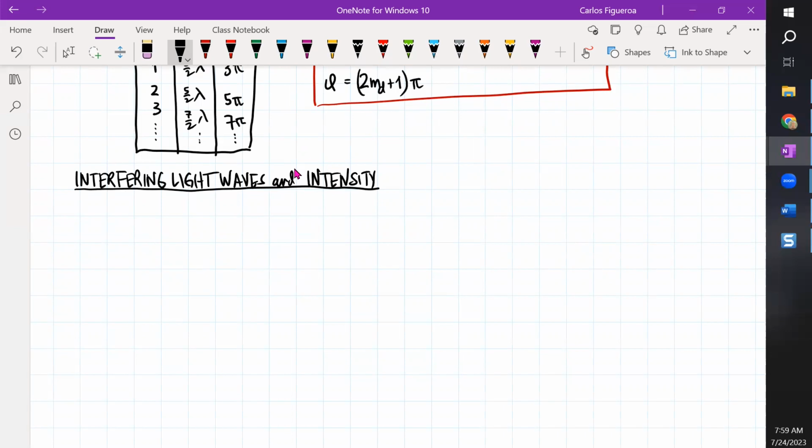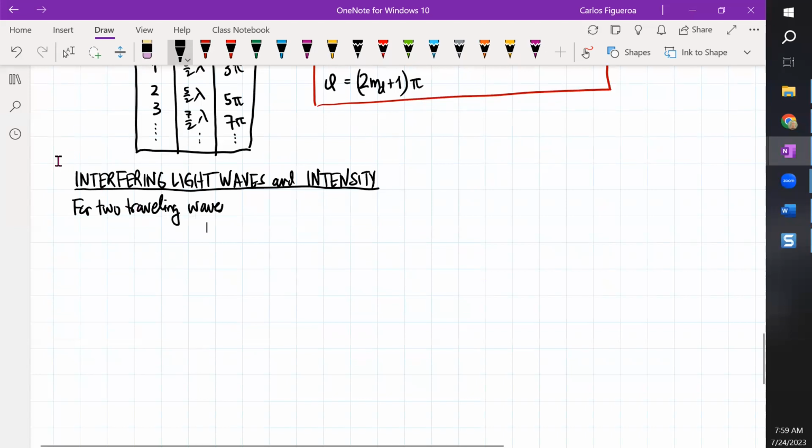So if I briefly summarize, we've said this, that for two traveling waves, right?